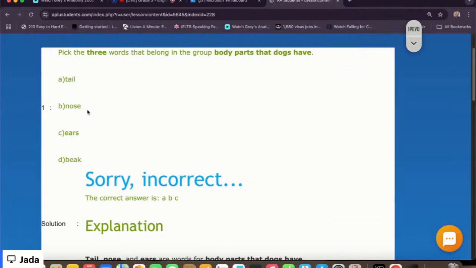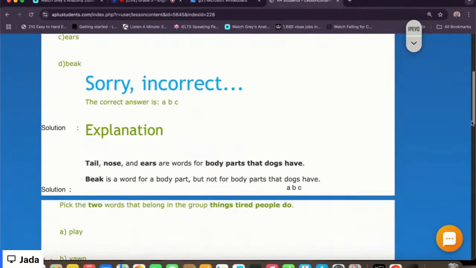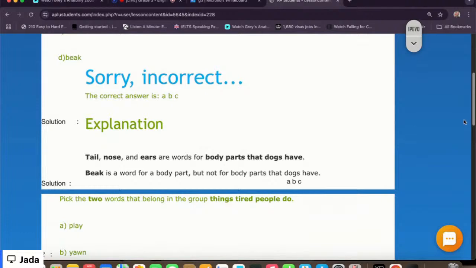So we have tail, nose, ears, and beak. Of course, a dog doesn't have a beak, right? Beak is for the birds. So tail, nose, and ears are words for body parts that dogs have. Beak is a word for a body part, but not for dogs. So you select the ones in the group that go together.